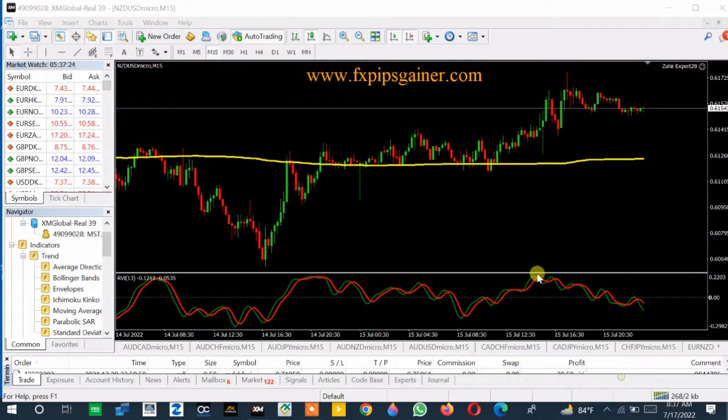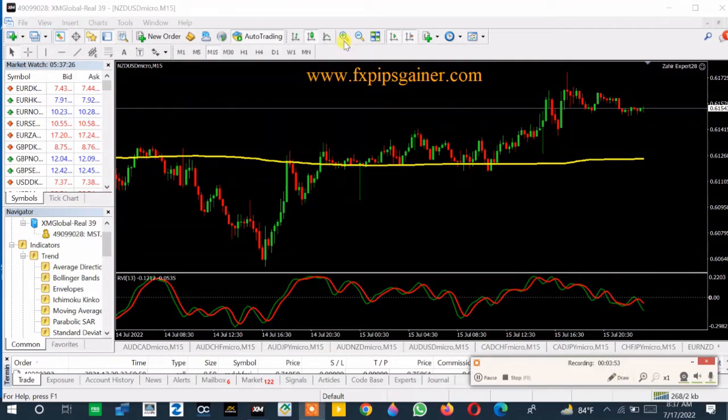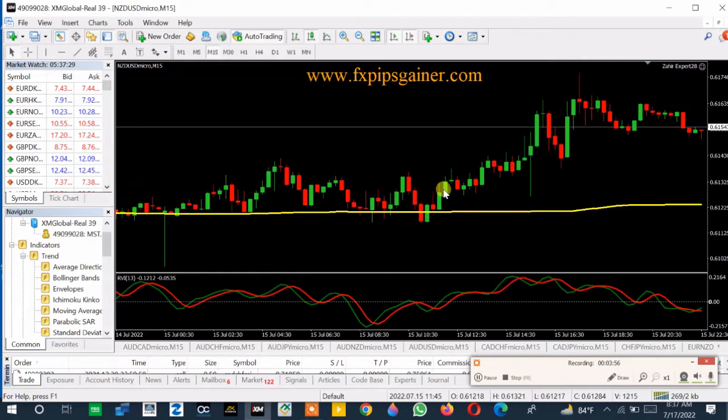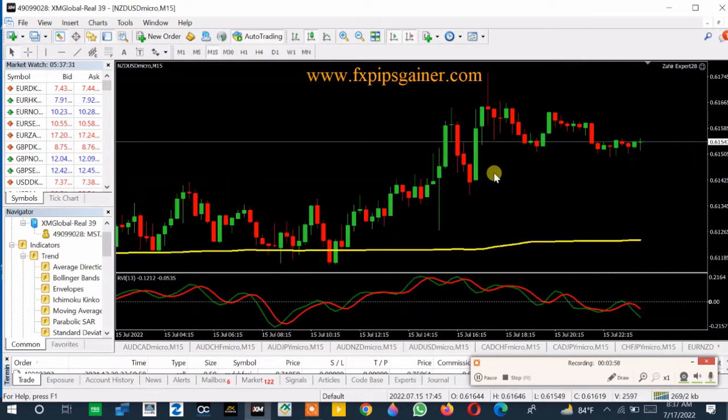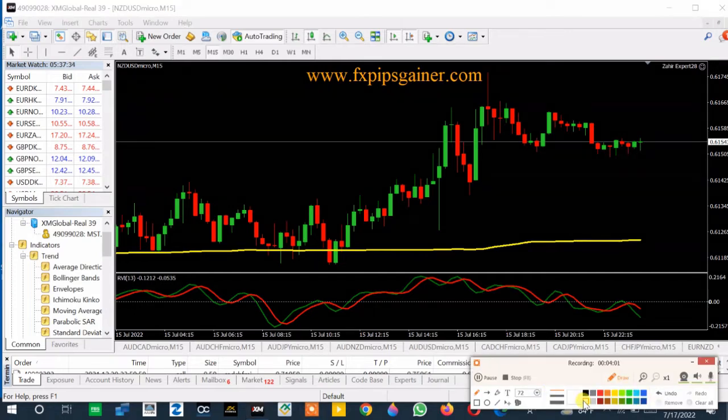So now we're searching for the signal points. You can see this is a sell signal point, this is a sell signal point, but this is an uptrend market. The price is above the EMA, so this is not valid. And this one is valid, but it's not near the EMA.